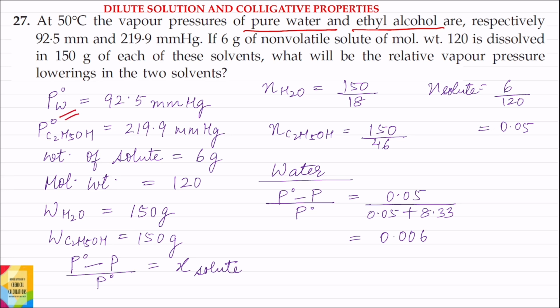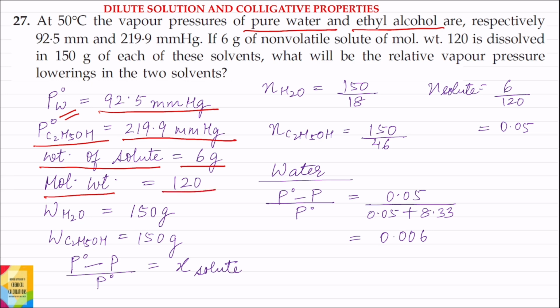Pure water's vapor pressure is 92.5 millimeter of mercury and pure ethyl alcohol's vapor pressure is 219.9 millimeter of mercury. If 6 gram of non volatile solute, that is weight of solute is 6 gram, of molecular weight 120, is dissolved in 150 gram of each of these solvents, meaning 6 gram of solute is dissolved in 150 gram of water in one container and 6 gram of solute is also dissolved in 150 gram of ethyl alcohol in another container. What will be the relative vapor pressure lowerings in the two solvents?